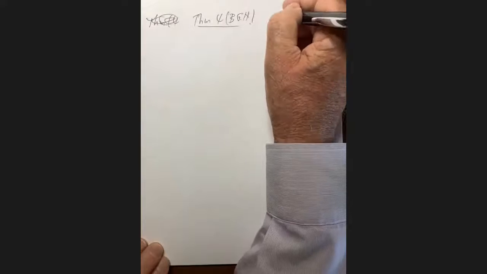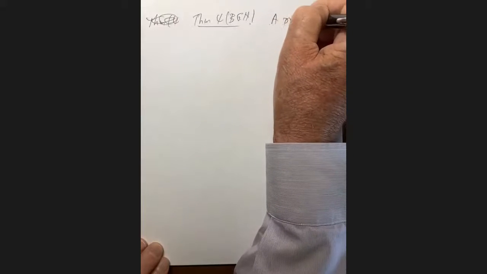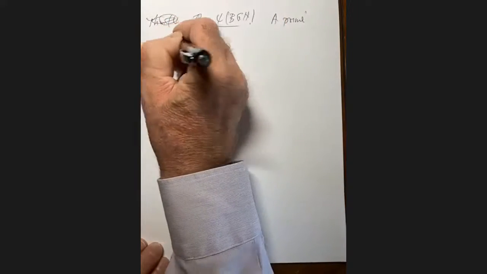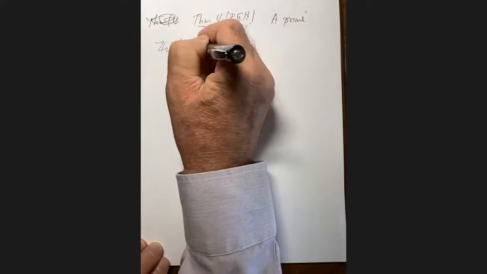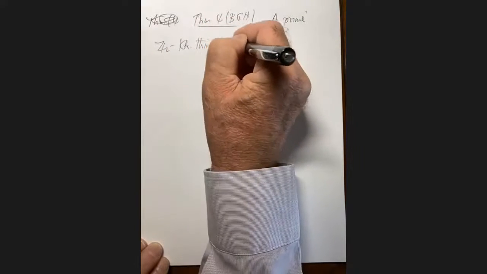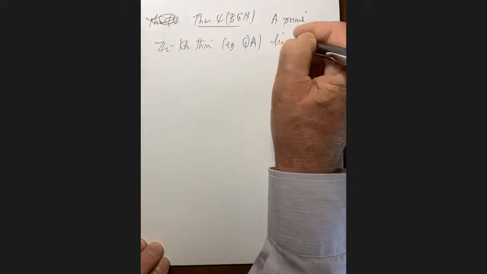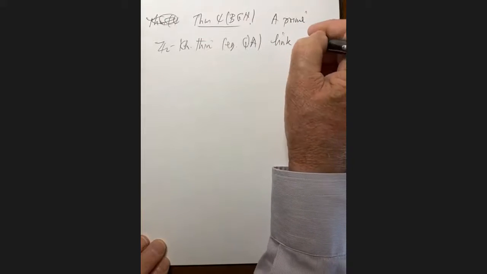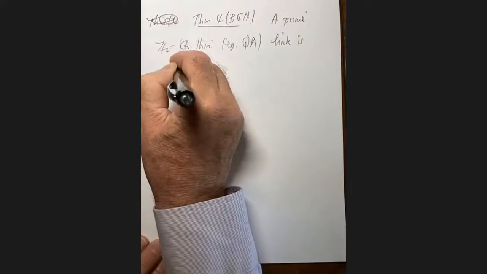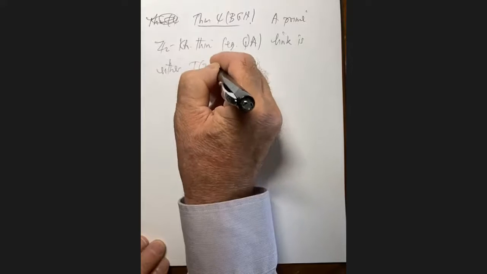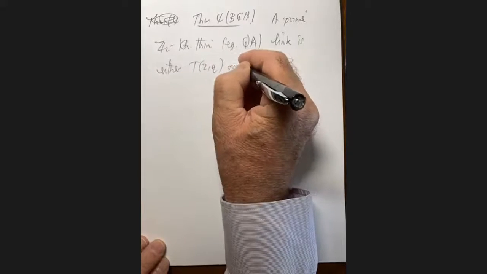It says that a prime Z2 Khovanov thin link, e.g., an alternating one, is either a 2Q torus link or it's hyperbolic.